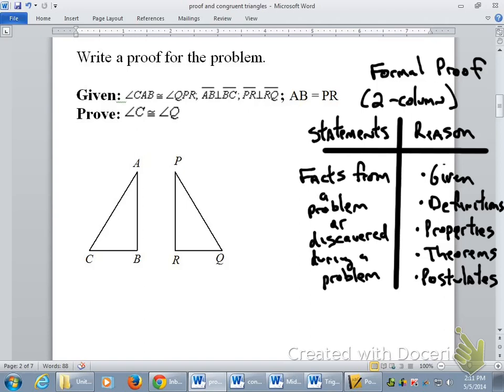But there's a lot of other properties too, symmetric property, identity property, addition property. There's lots and lots of properties. And then of course you've got definitions. How do you know what something is? Well, everything's got a definition. Okay? So these are all different reasons and things that can come up. You've seen this in the past.